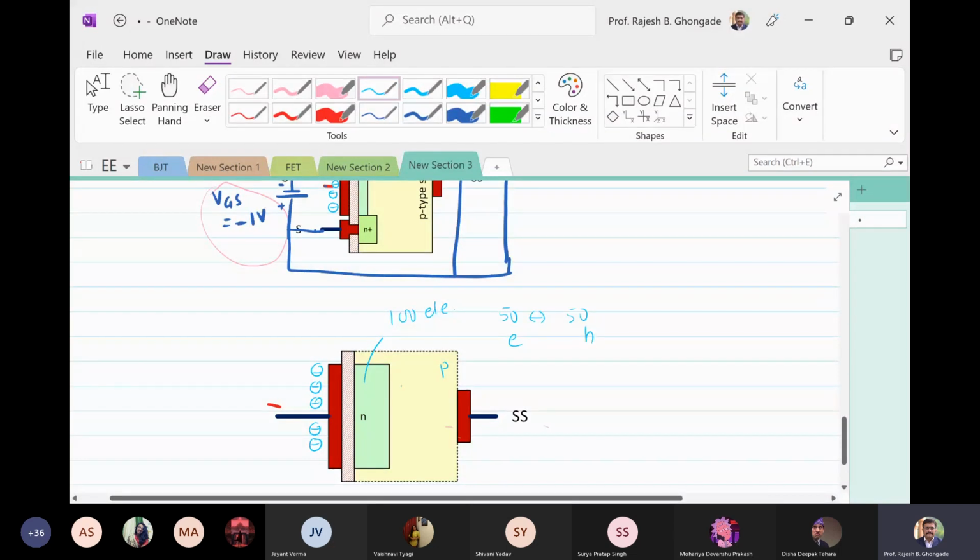So what will the total number of electrons be here? In the channel, the total number of electrons will reduce. And these are actually free electrons, don't forget that, which were available for conduction.